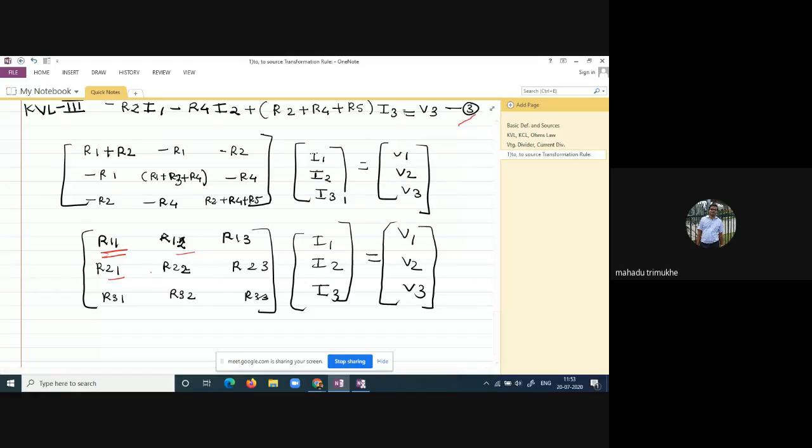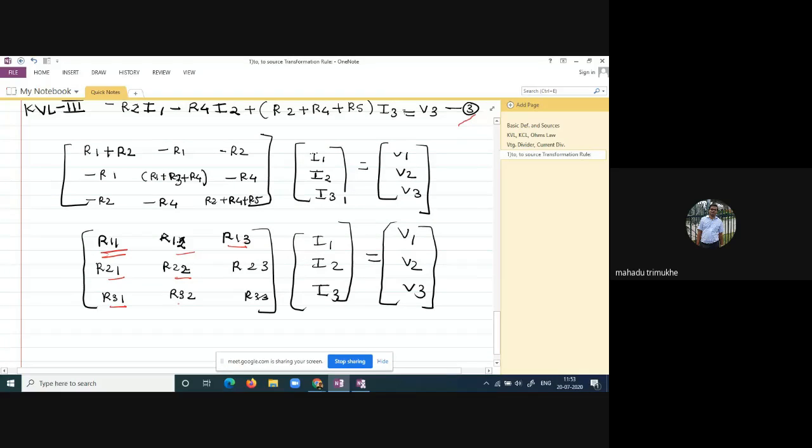R13 and R31 are again the mutual resistance, the sum of all resistance common to mesh 1 and 3. R22 is the self resistance of mesh 2 itself.